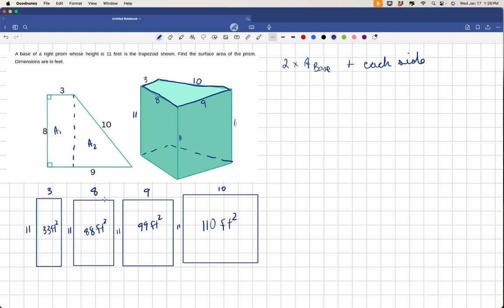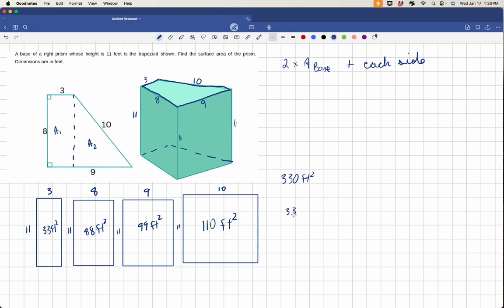So 3 plus 8 would be 11, plus 9 would be 20, plus 10 would be 30. So you would have 30 times 11, which would be 330 feet squared. And that is the area, the dark green area all the way around the sides of this prism.